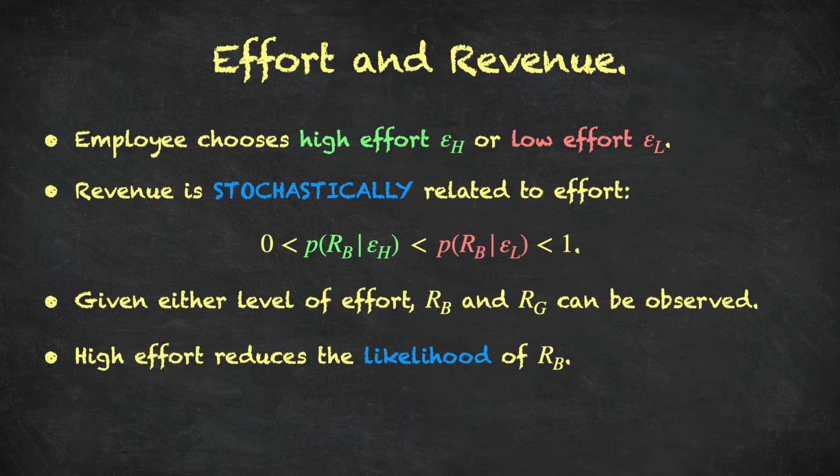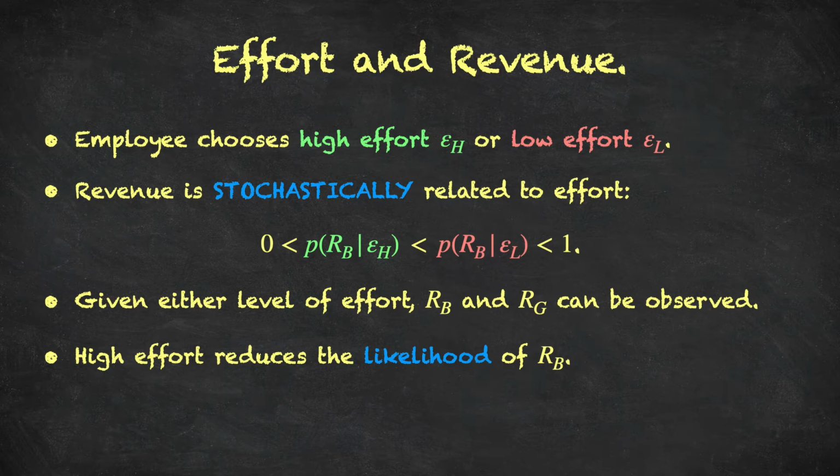So it might be the case, under perfect information, that the employer is able to perfectly observe the level of effort by the employee. In this sense, it might even be written into the contract to specify a level of effort. Under asymmetric information, however, the employer will not be able to observe this level of effort.